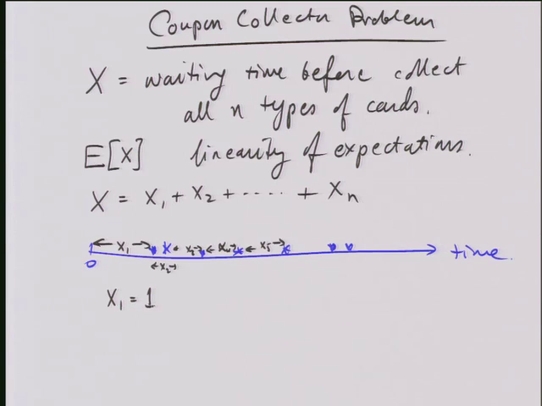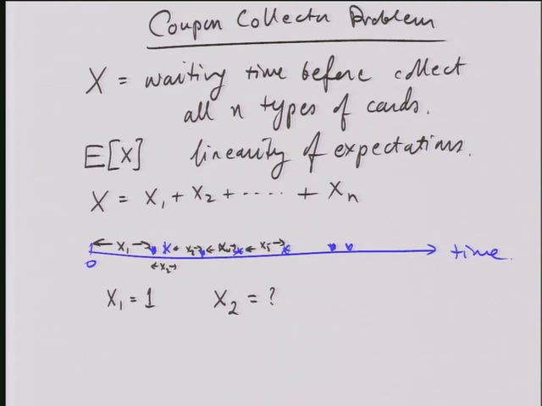How do you get that? What's the process you're going through to pick out x2? So it's the probability of getting any other card. There are n different cards, and there's one that you don't want anymore, but any of the other n minus 1 are okay.